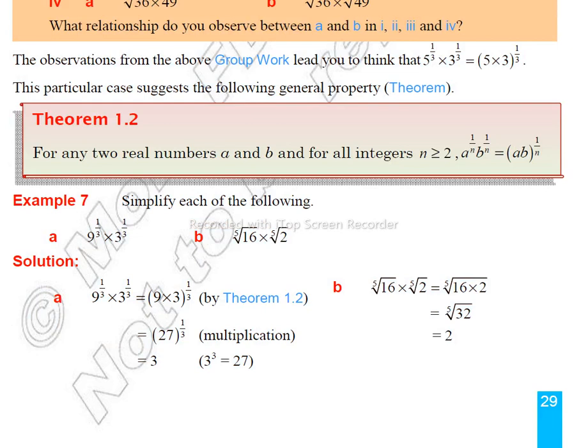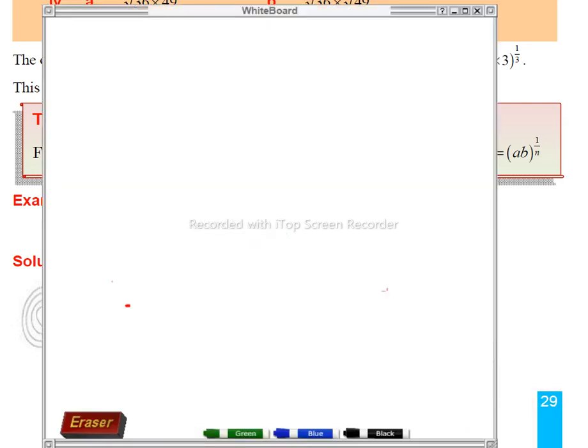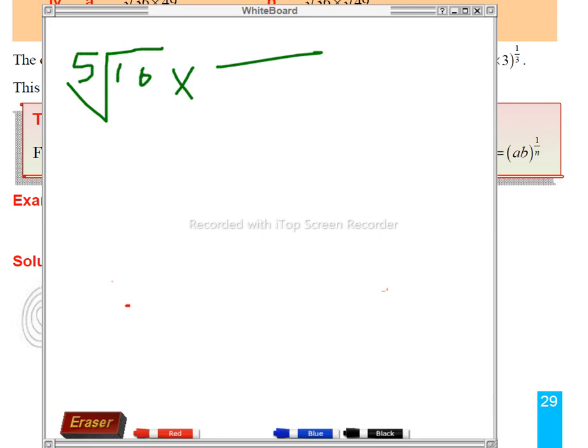Another equation under B: fifth root of 60 times fifth root of 2. This is also simple. Let us do it. Here we have the fifth root of 60 times the fifth root of 2.